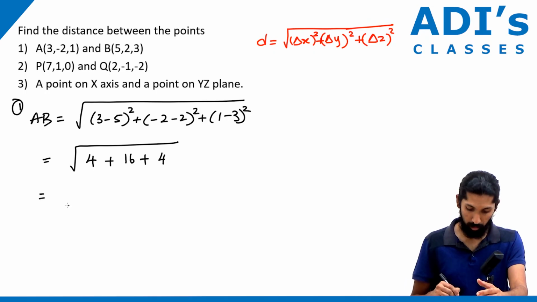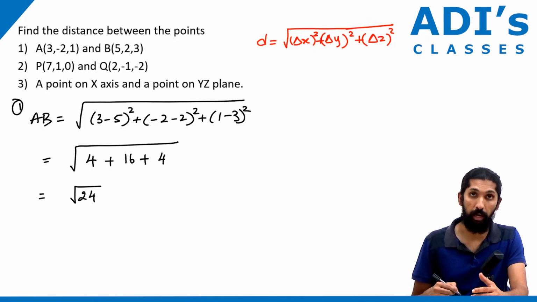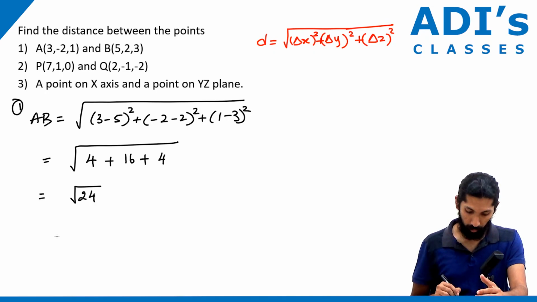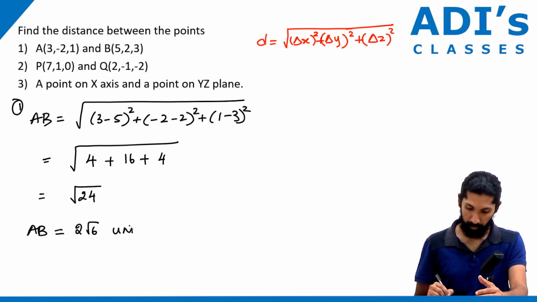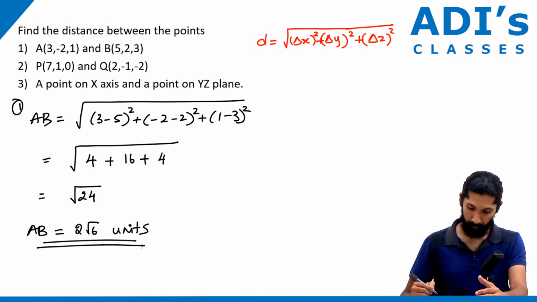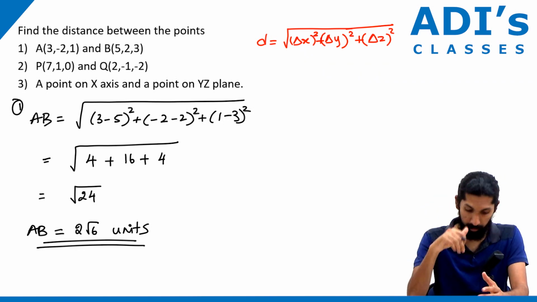So this becomes square root of 24. Now, square root of 24, you can keep it as it is, or you can also write AB is equal to 2 root 6 units. So this is the answer for the first question.